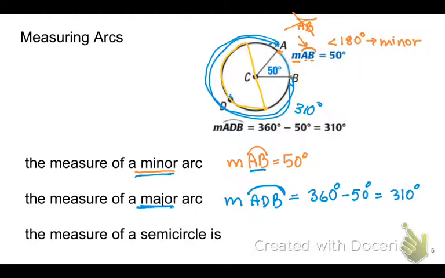So it makes sense that the measure of this semicircle is 360 degrees divided by 2, which is equal to 180 degrees. So the measure of a semicircle is always going to be equal to 180 degrees, no matter how big your circle is. And we'll get into that a little bit later.